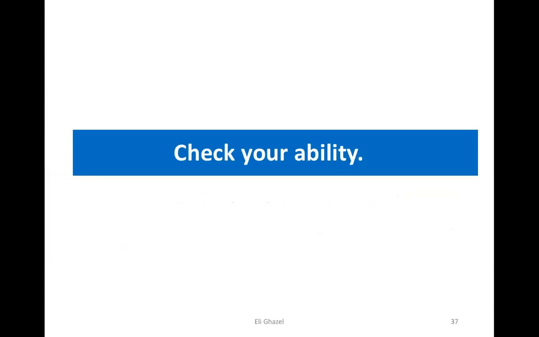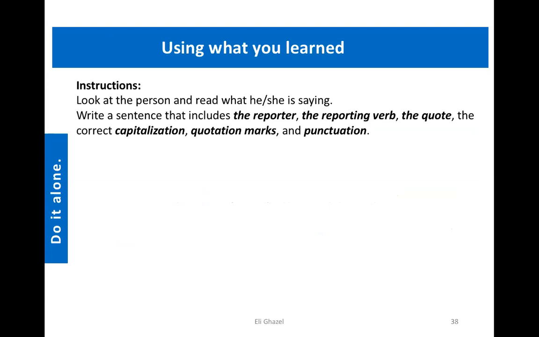Now, we want you to check your ability, and we're going to give you something to use what you have learned all together. The most important thing is the ability to write a sentence that includes the reporter, the reporting verb, the quote, the capitalization, the question mark, the quotation marks, and the necessary punctuation. Here's an example.